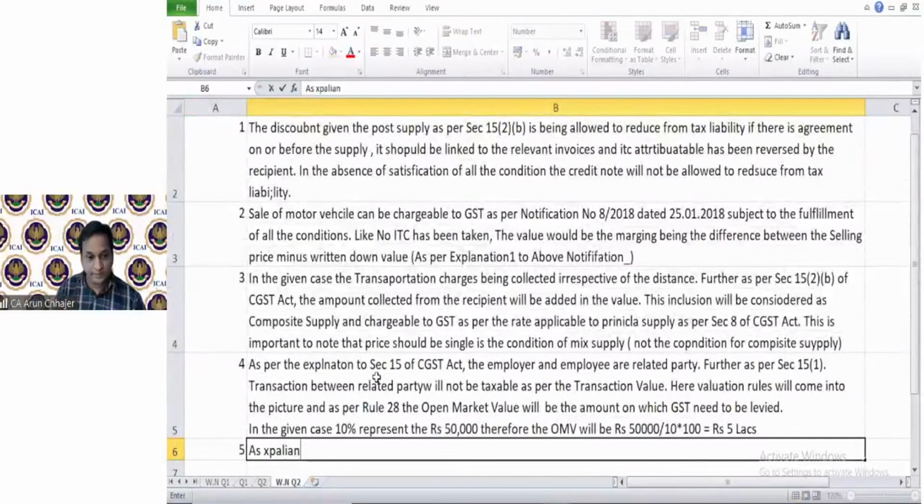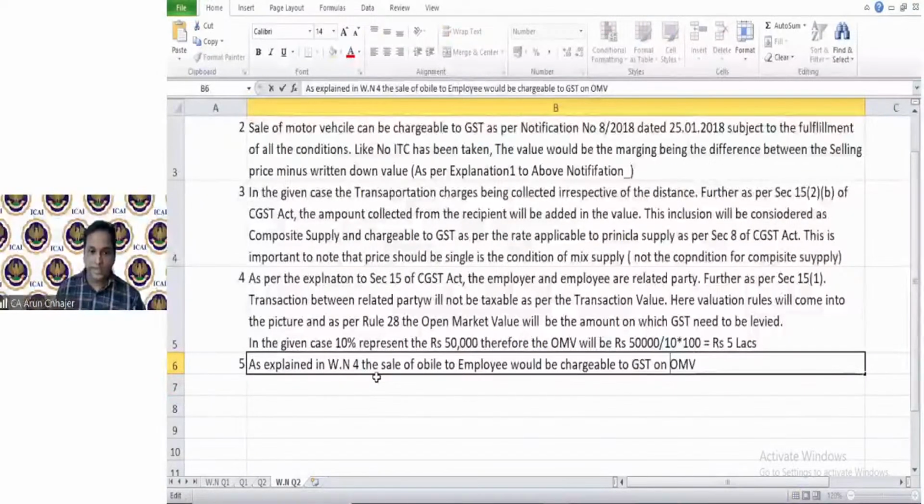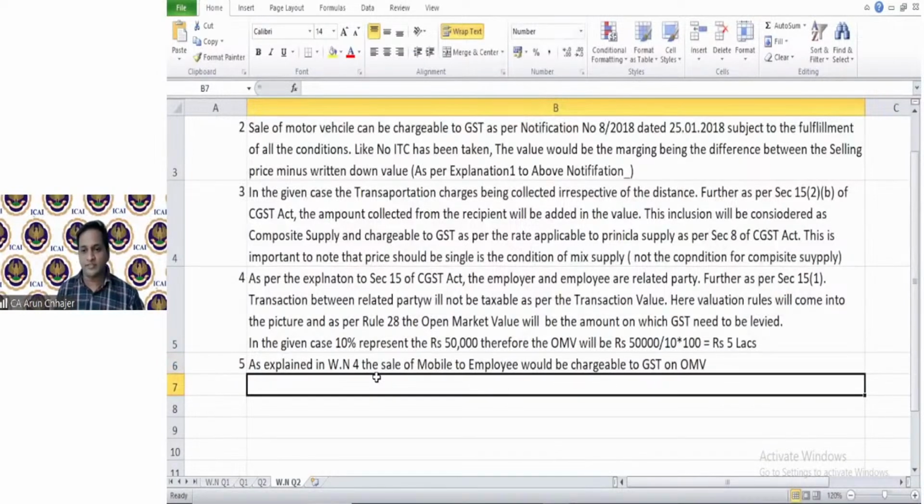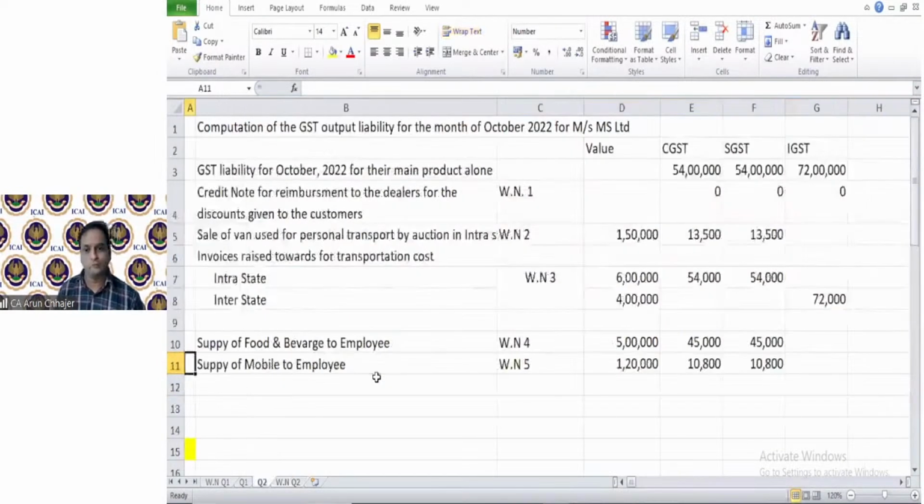As explained in working note number 4, the sale of mobile to employee would be chargeable to GST on open market value. That's it. I will not repeat everything again because I have already explained. So I've given the cross reference. That's it. Okay.